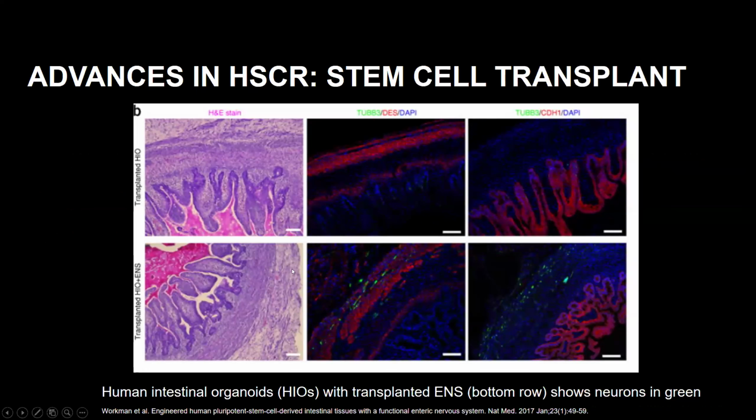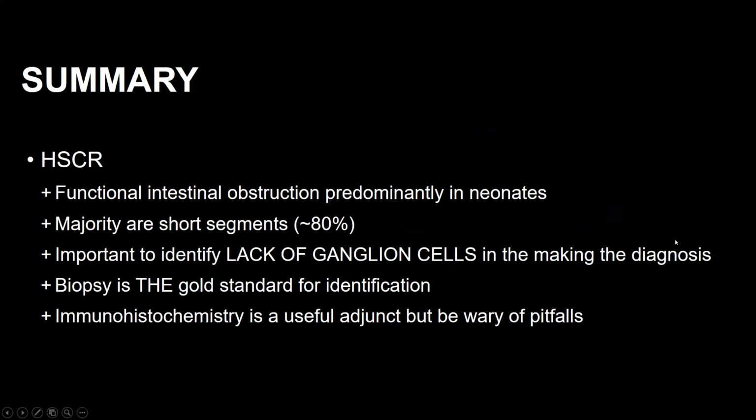And here is that same organoid when they transplanted these neural crest type cells. You can see here in green that they start to innervate, or at least you start seeing neurons. It might be interesting to see as time progresses. I know that people have been working on this, and this is an older paper from 2017, but there are newer folks doing this kind of transplantation to see if it would be helpful in patients who have Hirschsprung disease, particularly in those who cannot be reoperated on.